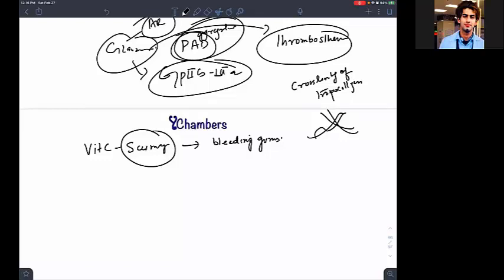But if I have defective cross-linking, then my collagen will not comply with the function it has to comply with. So I will have bleeding problems. I will have hemarthrosis, that is bleeding in the joints. I will have ecchymosis.